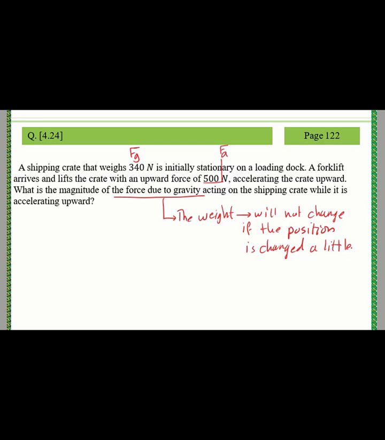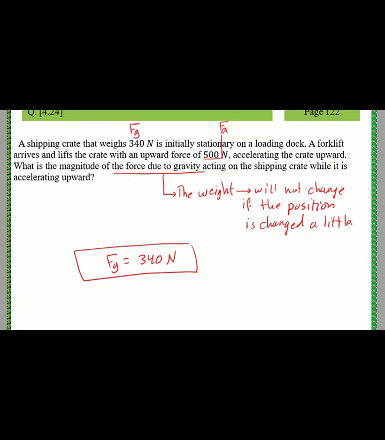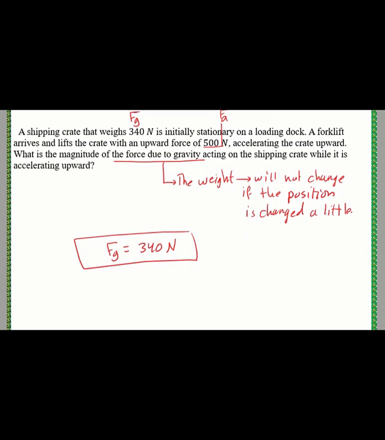But if you go up 1 meter, 2 meters, 10 meters, 100 meters, your weight will not be affected. So Fg equals 340 newtons. That's it. This is the answer. He's asking about the force due to gravity. It is the weight, and the weight will not change due to this motion for a very low height.